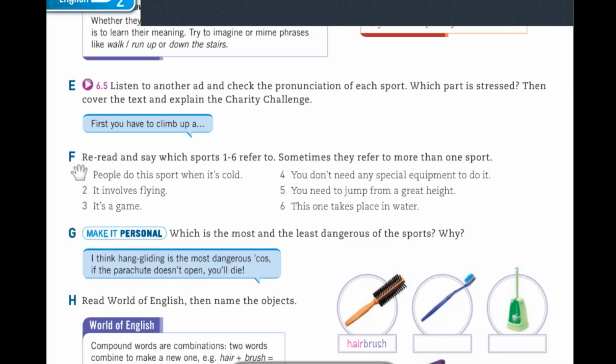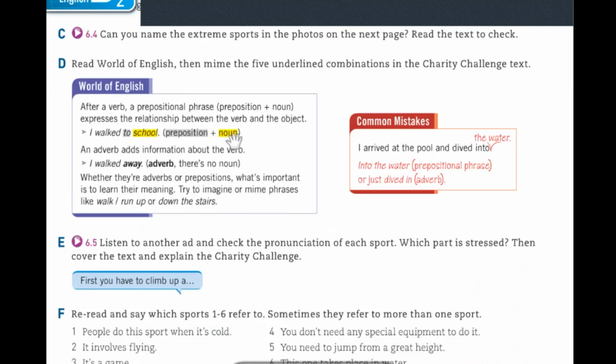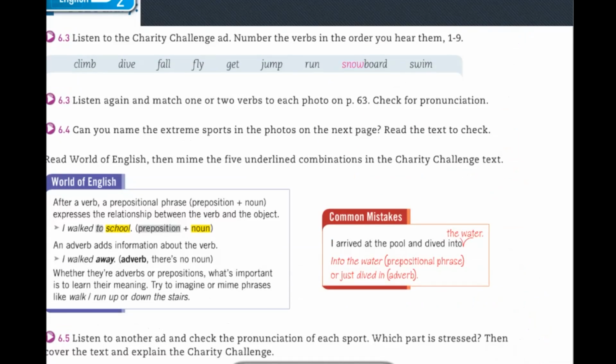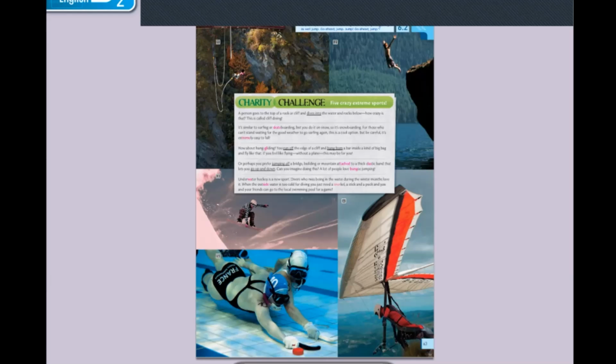Well, let's go over exercise F. Reread and say which sports from 1 to 6. Ah, no, I remember. Here, we were supposed to listen. We did it without listening. And you're gonna listen to the ad. I think it's the one on this page.